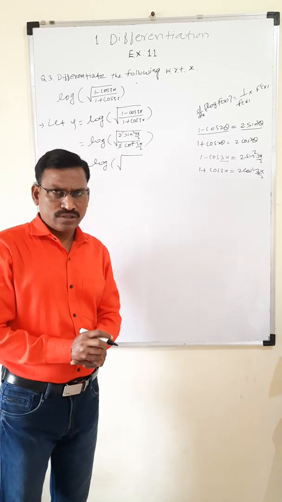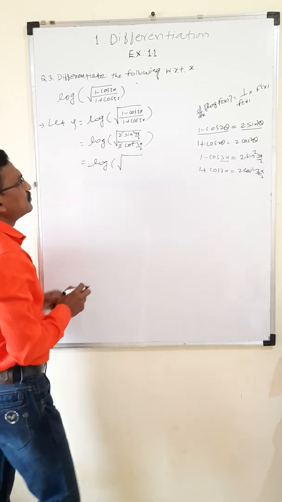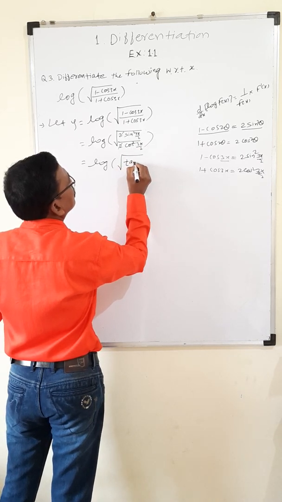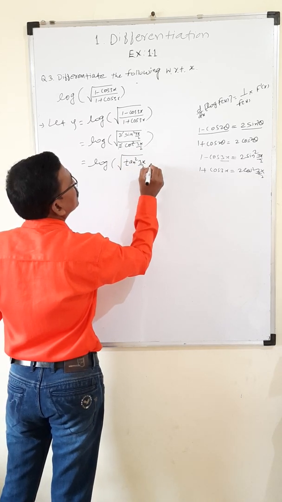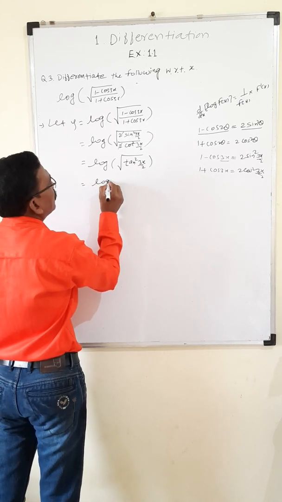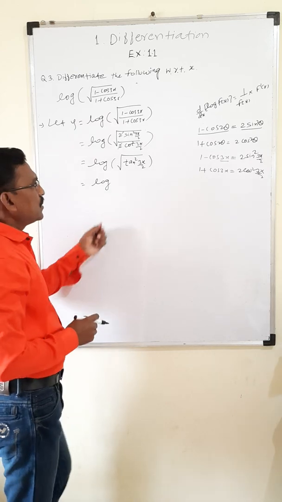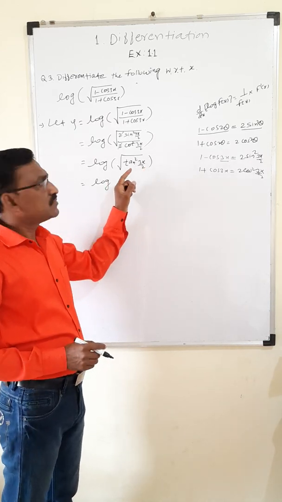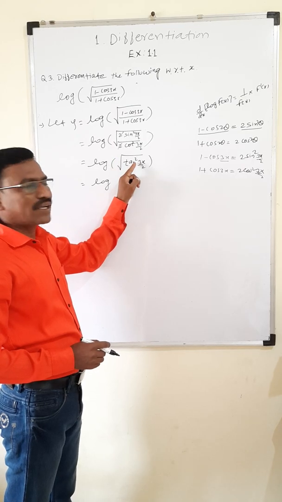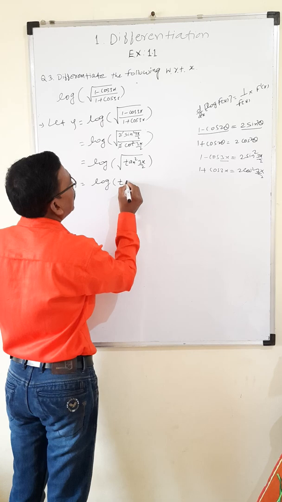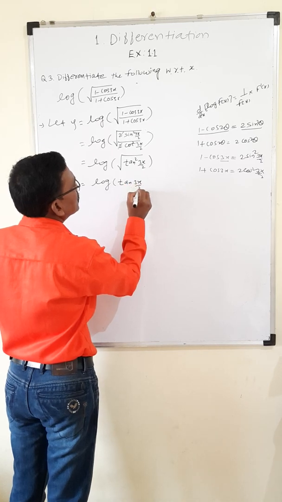We know sin by cos is tan. So it is tan square 3x by 2. And again here, in the square root, it is square of tan. Square root and square cancel, that's why it is only log of tan 3x by 2.